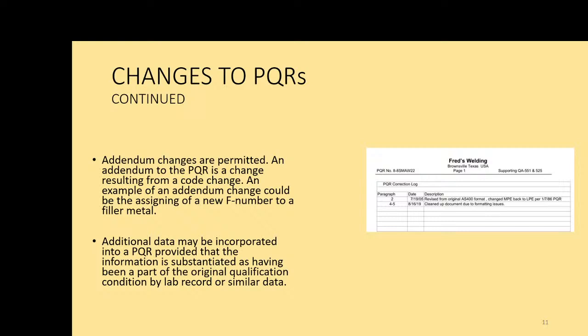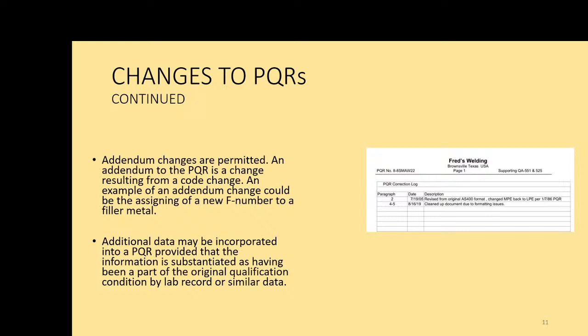Additional data may be incorporated in the PQR provided that the information is substantiated as having been part of the original qualification condition by lab record or similar data. So if there's something else that needs to be incorporated into that PQR, you could do it. Let's say you ran a really big test coupon and you had material left over and you needed to do heat treatment or impact testing.